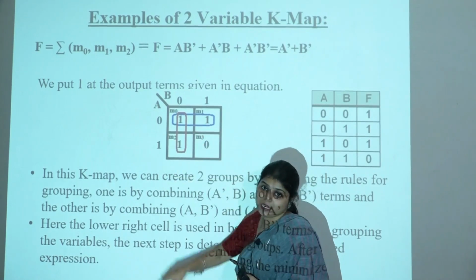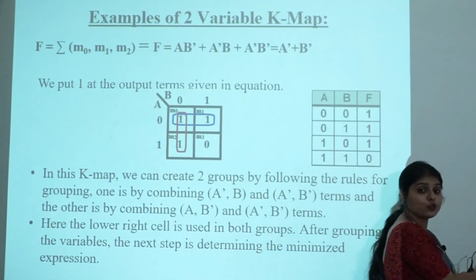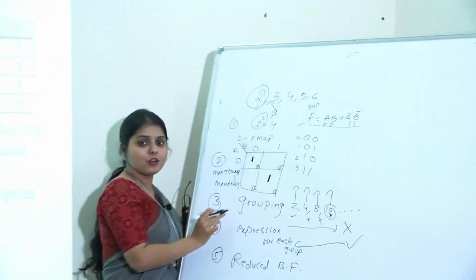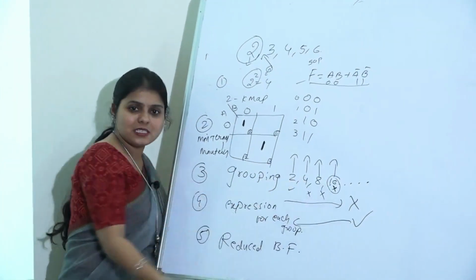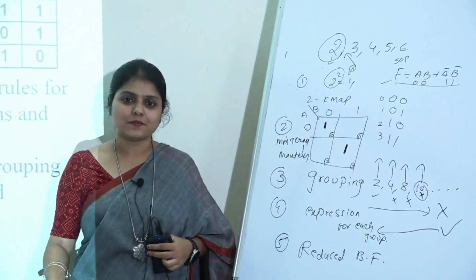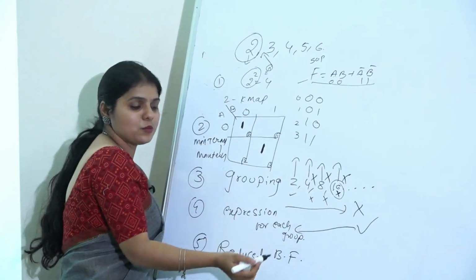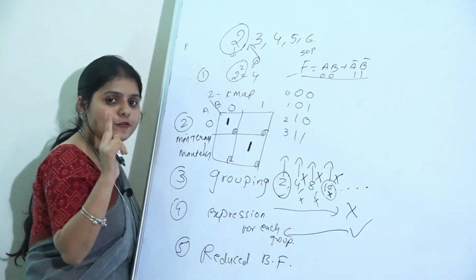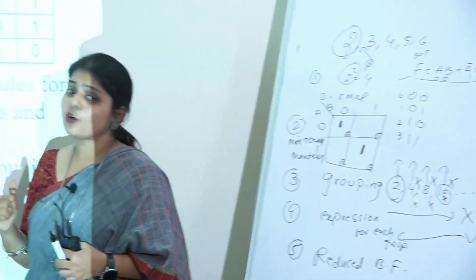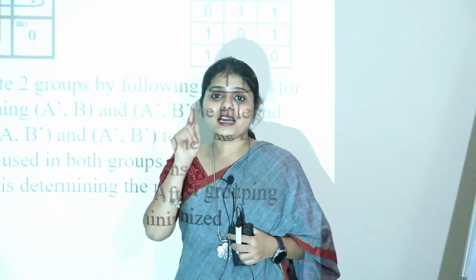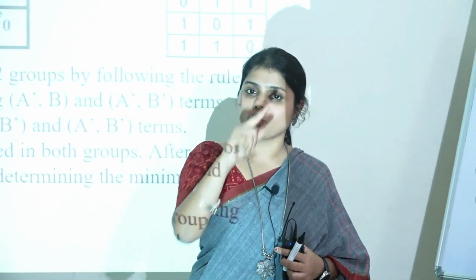Once I am done with placing, what did I tell you? We'll go for grouping. Grouping of 16? I have only 3 ones here, so 16 is not possible. 8 is not possible. 4 is not possible. So I have to go for a group of 2 only. Now how do I do grouping? Grouping in either vertical way or horizontal way, but not diagonally.